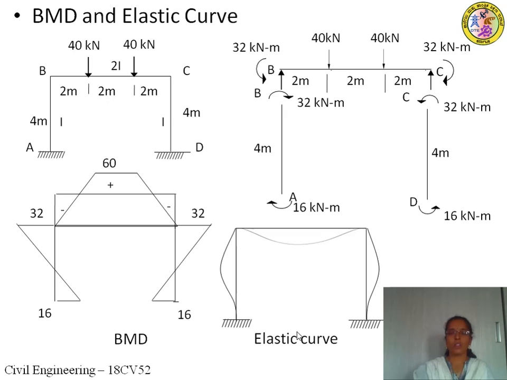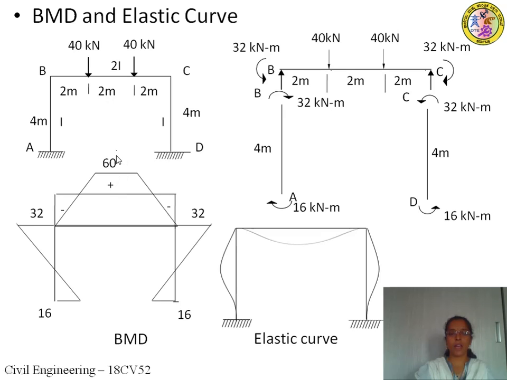So this is the variation of the elastic curve for this given problem. This is how you should solve a symmetrical non-sway portal frame, because if the frame is symmetrical in geometry, loading and boundary conditions, it will be a non-sway frame only. For symmetrical non-sway frames, you can observe all are symmetric.